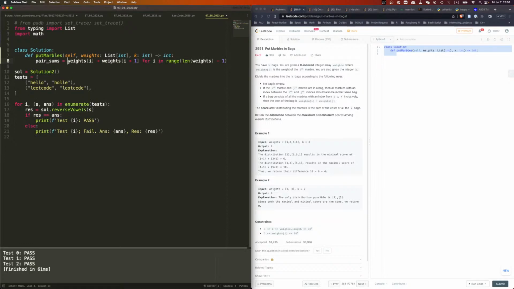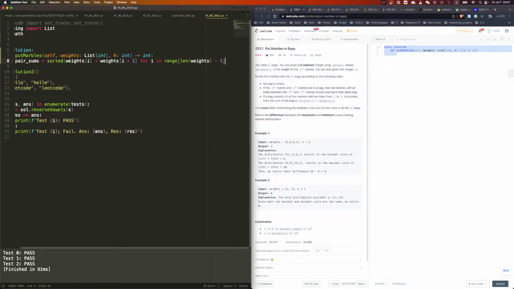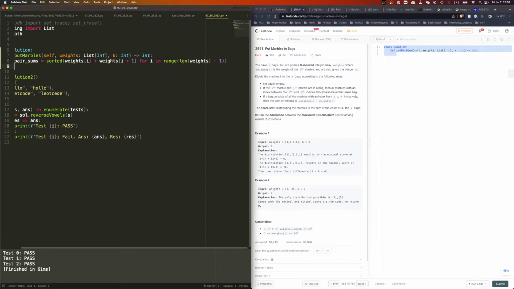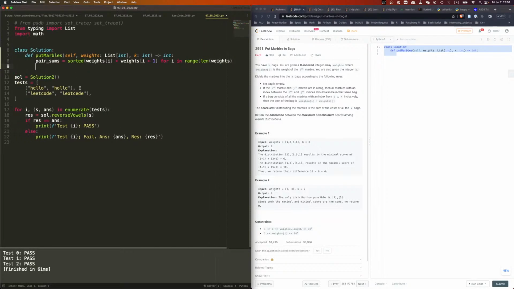And we will sort them. Based on k, we're going to take k minus 1. So the pair sums, k minus 1 of them, these are the smallest.